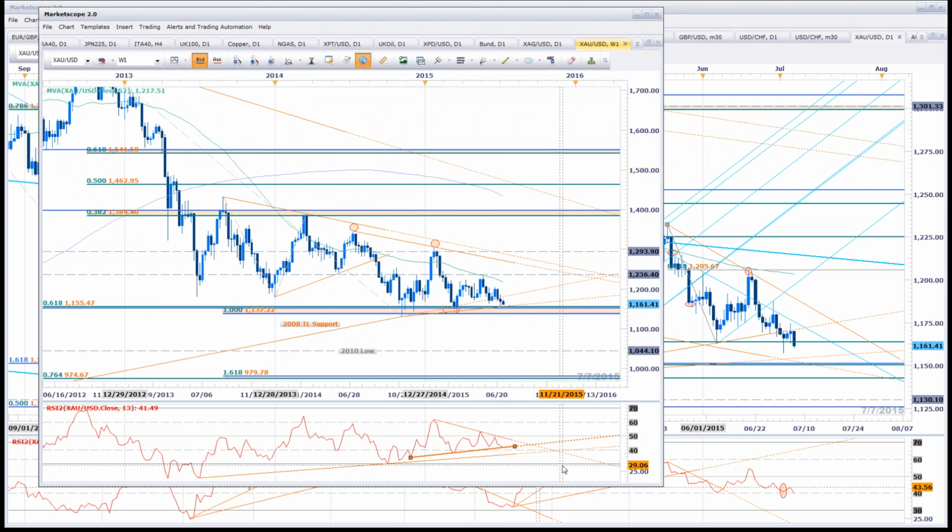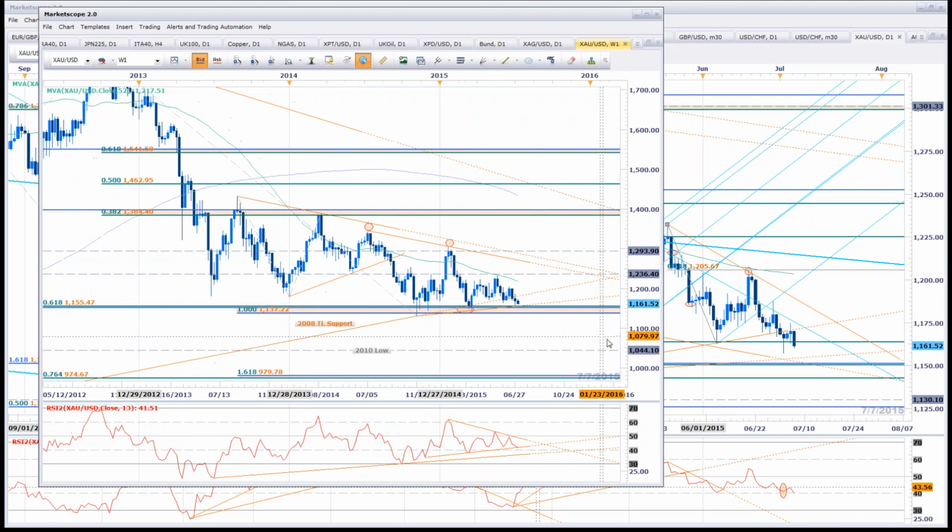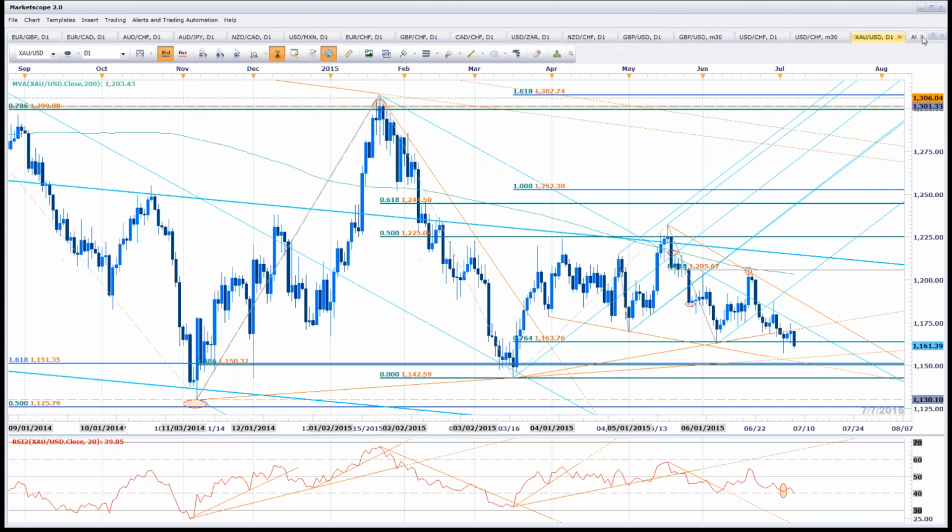I think you really just don't touch gold here at all. You need to wait to see if this breaks below 1137. Again, it could see a very quick drop into basically 1100, and 1044 would be the next major target, which is the 2010 lows. This is the major key support region to keep in mind here. So it might not be a trade setup per se, but we're definitely approaching some critical levels on some of the commodities.